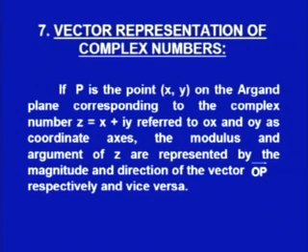If P is the point x y on the Argand diagram corresponding to the complex number z equal to x plus i y, referred to Ox and Oy as coordinate axes, the modulus and argument of z are represented by the magnitude and direction of the vector OP respectively and vice versa.